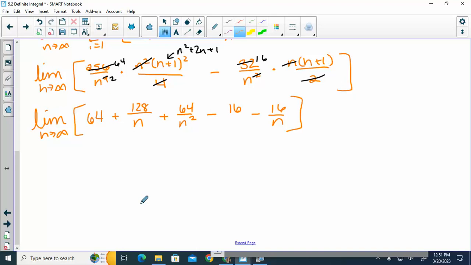And then if n is going to infinity, a number over infinity goes to 0. So we get 64 plus 0 plus 0 minus 16 minus 0. So 48.